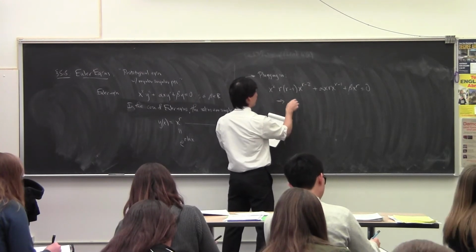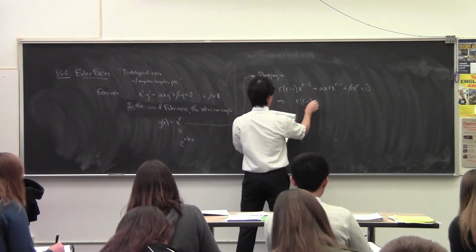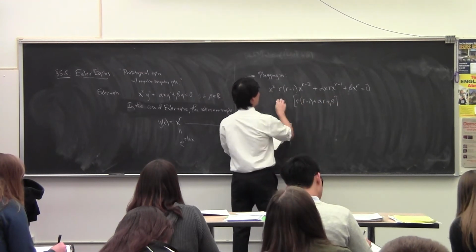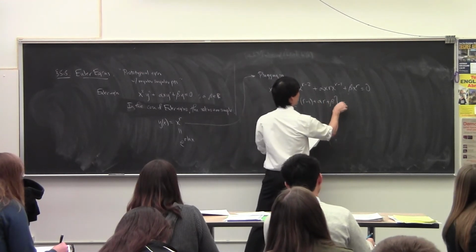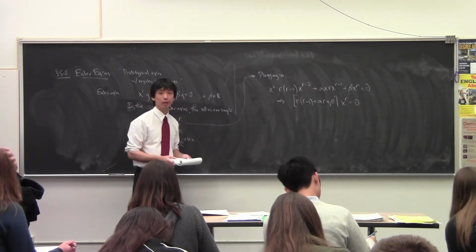And so that gives you r times r minus 1 plus alpha r plus beta, times x to the r, equals 0, factoring out the x to the r.